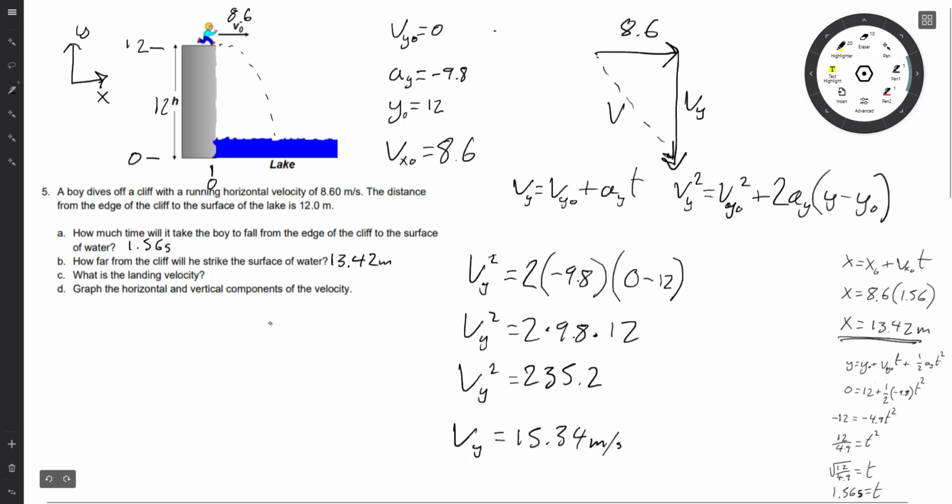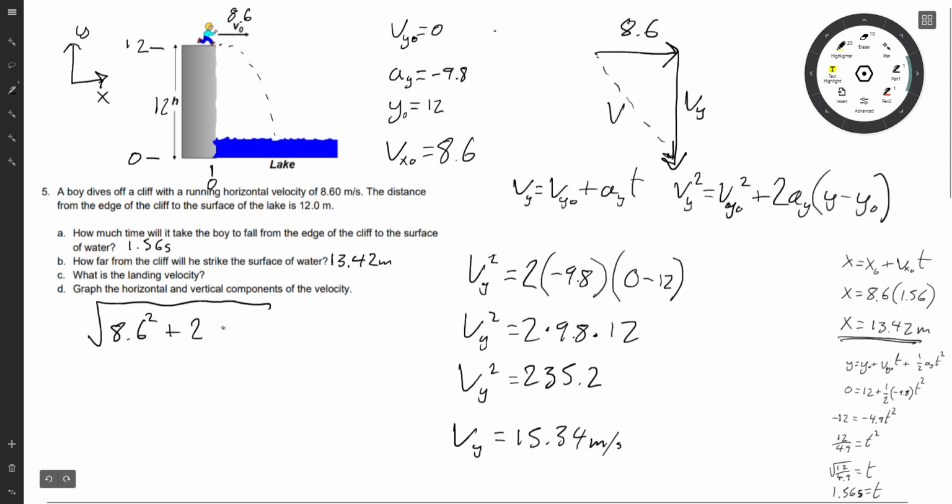So now I'm going to move over here and do the Pythagorean theorem so we can do our vector addition. That's going to be this component here, 8.6, plus this component here, 15.34, but we can't just add them together. That's the square root of 8.6 squared plus 15.34 squared, which is actually 235.2, so that's actually not that big of a problem.